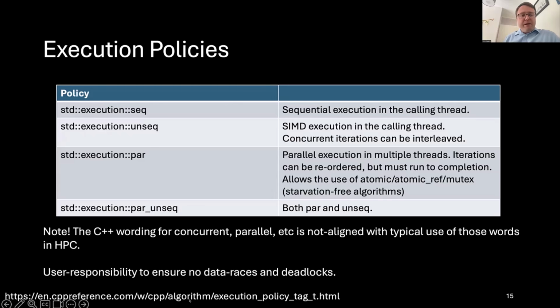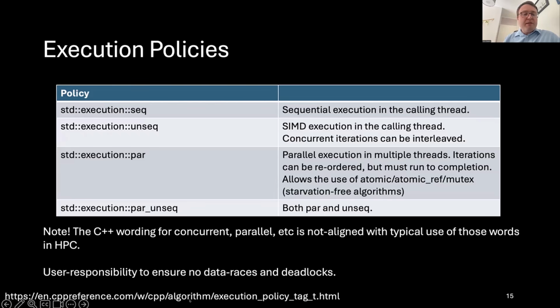But here, the parallel execution policy comes with really strong guarantees around the behavior. It basically means that once a thread starts running, it will continue to run. So once it makes a step through your program, it continues to make further steps. This means that we can use things like atomics, atomic_ref, and mutexes, and build starvation-free algorithms. Basically, we can have those threads communicate with each other through atomics, mutexes, locks, that kind of thing.